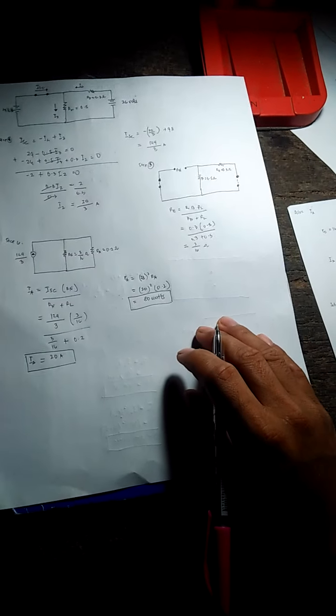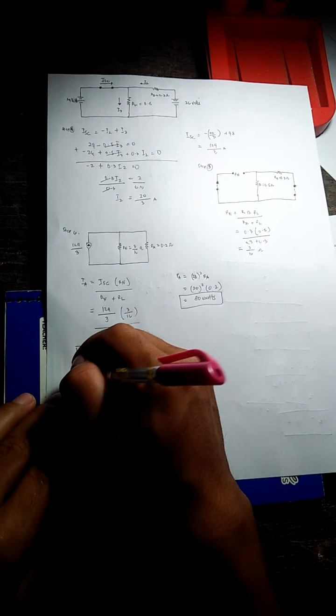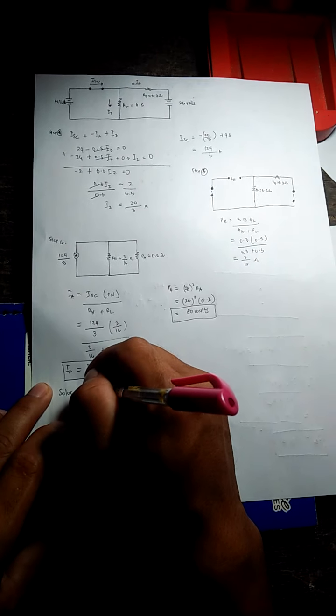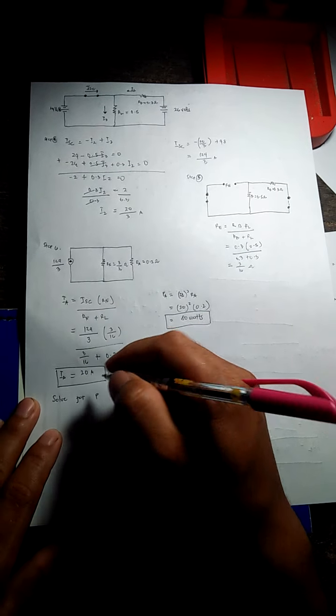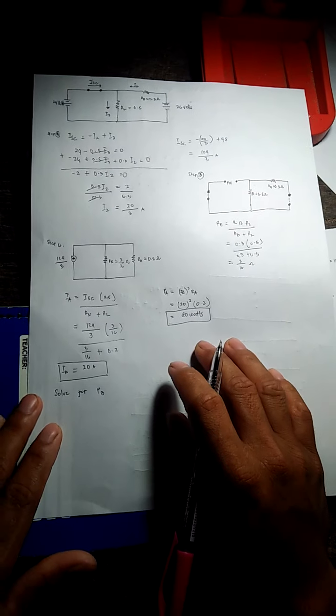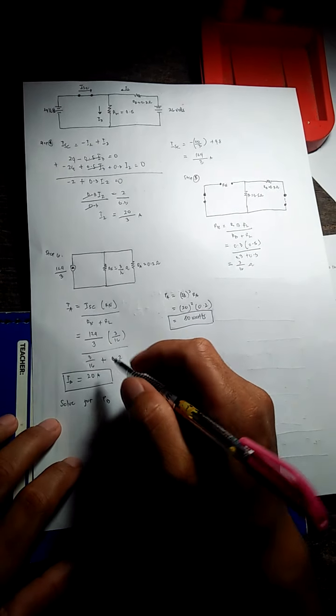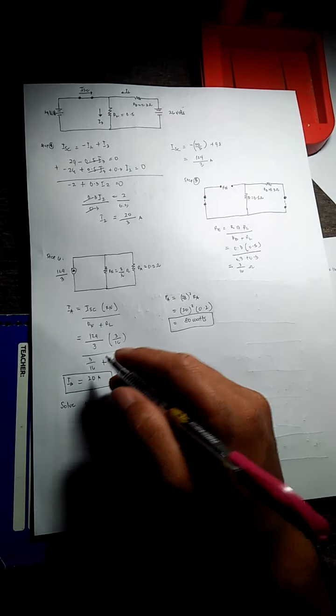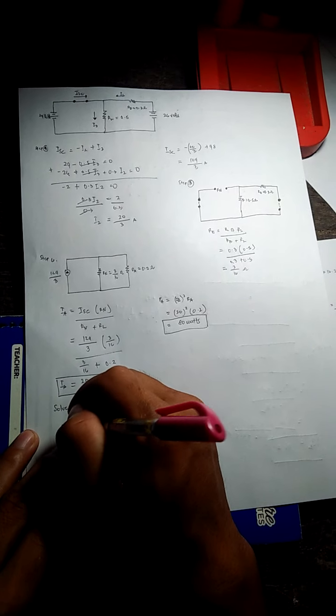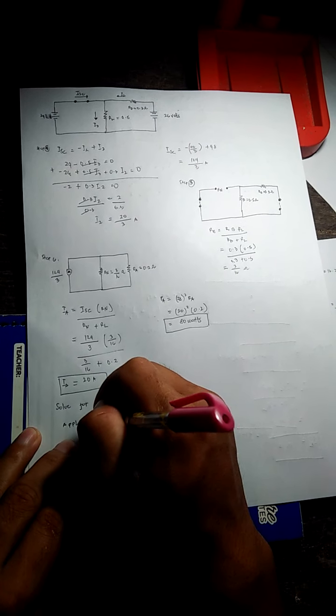So let us now solve for PB, our last step in applying Norton's theorem. So apply KCL.